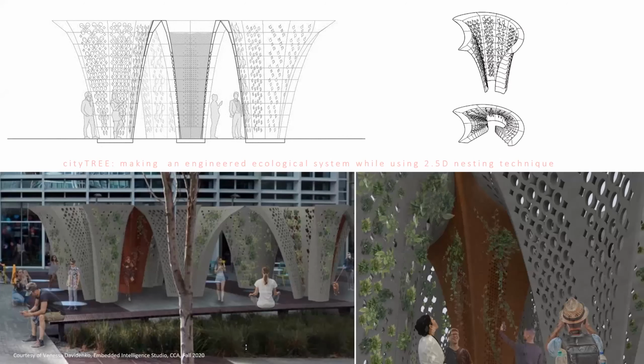The technique was explored in one of the studios that we had, an advanced studio at CCA. It was about how we can robotically produce a biome in cities called City Tree, where we can grow plants on top of it, in a location where we cannot grow trees and wait for 30 years, or where we don't even have soil.